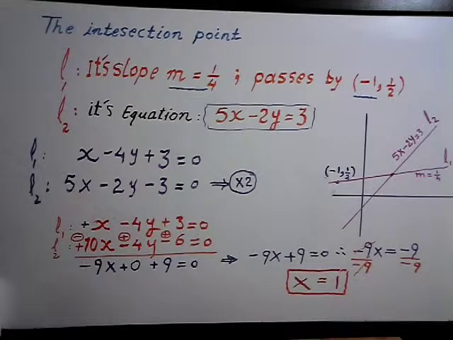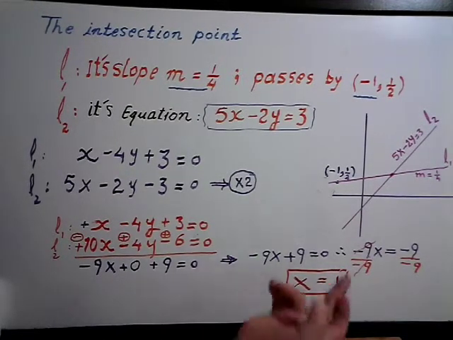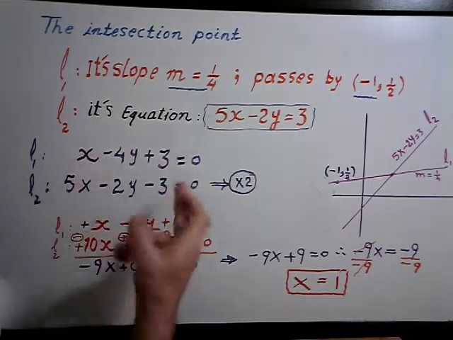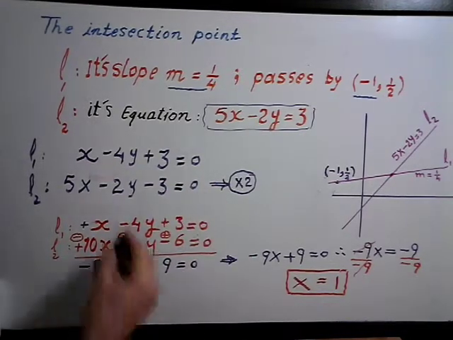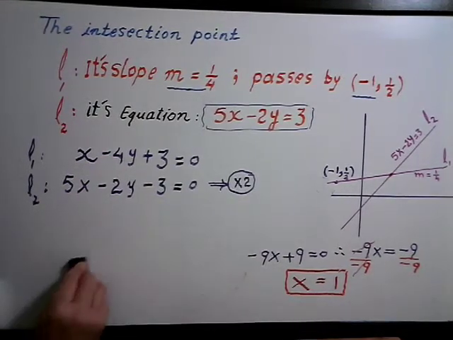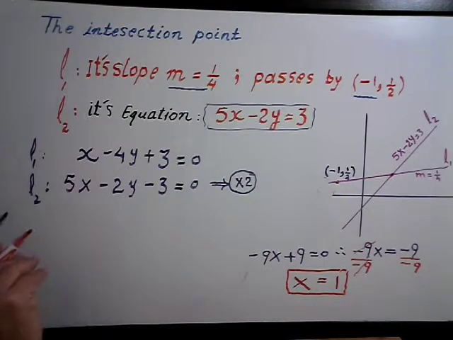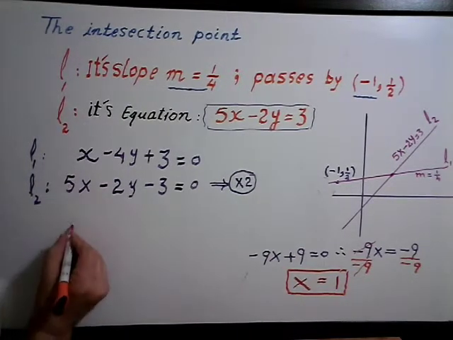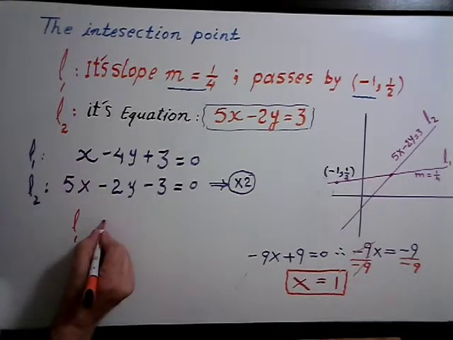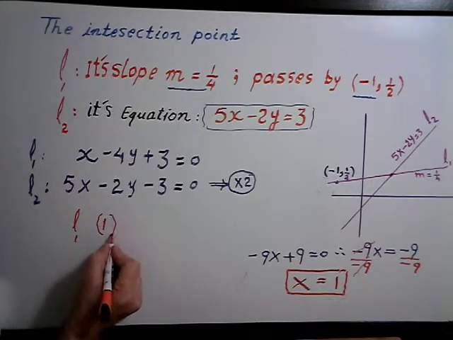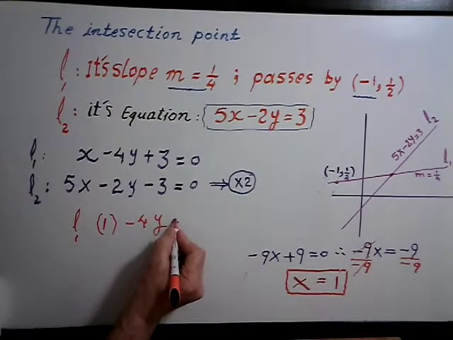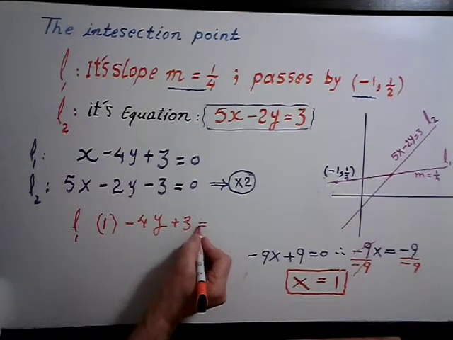This value for x we found, we can substitute in any equation, the first or the second, whichever is easier. So we will substitute in the equation of L1. Put x equals 1 instead of x: 1 minus 4y plus 3 is equal to 0.